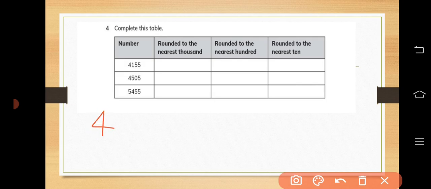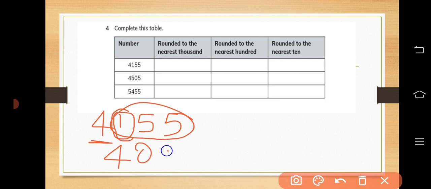Firstly you have to round nearest thousand. So you have to underline this value and circle this value. Here you see that this circled value is less than 5. So it means this 4 remains the same and all these values become 0. So the answer is 4000.